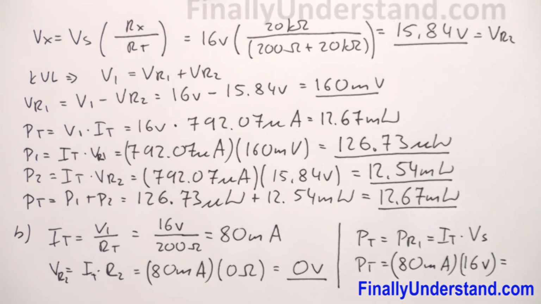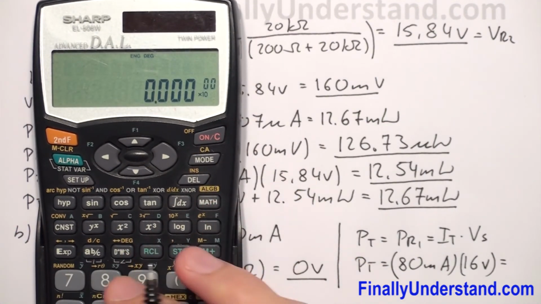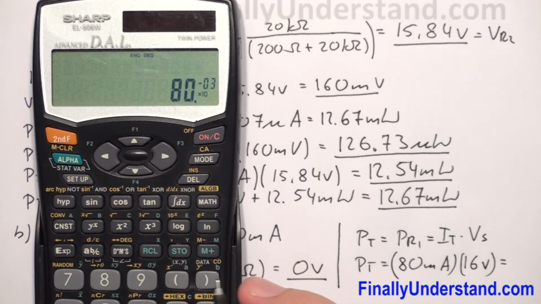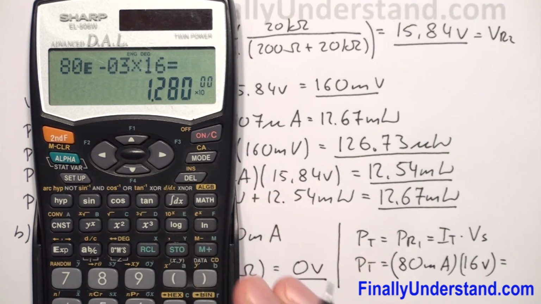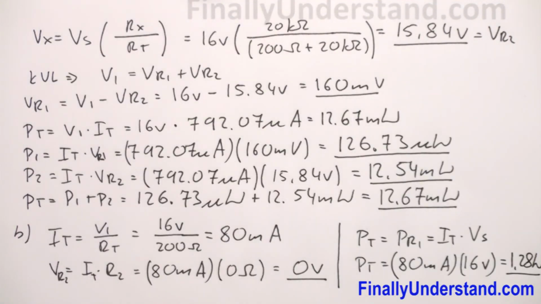This is equal to 80 exponent 3 negative times 16, which is equal to 1.28 watts. So this is my total power.